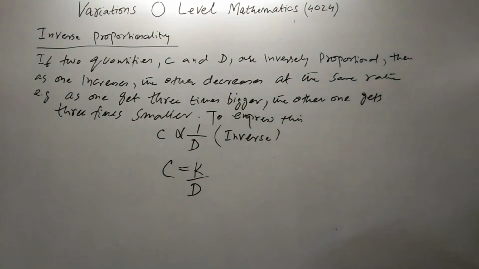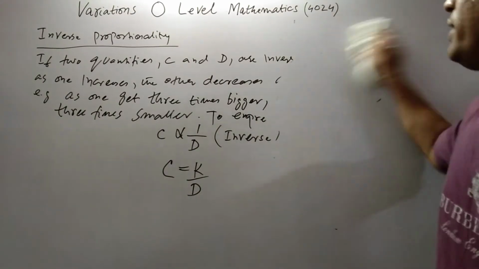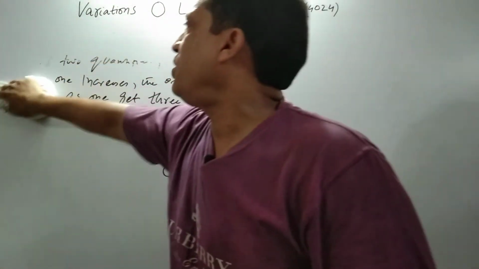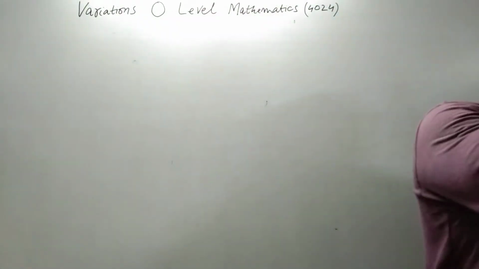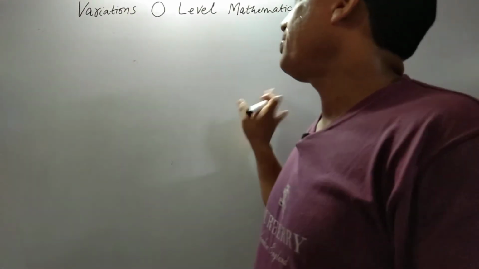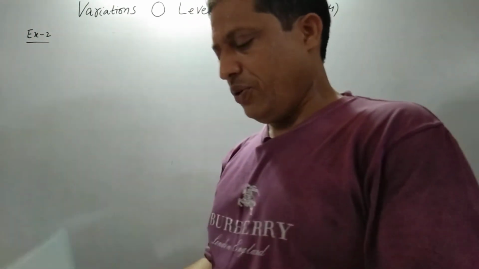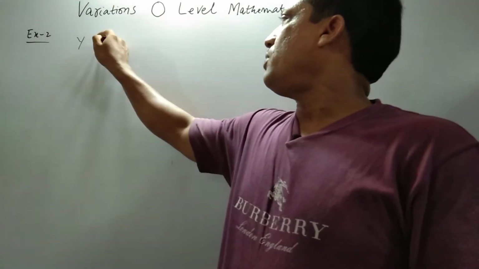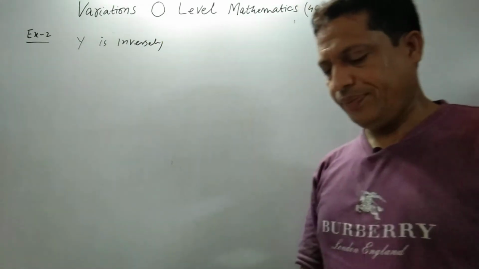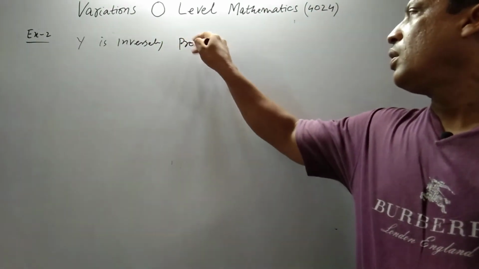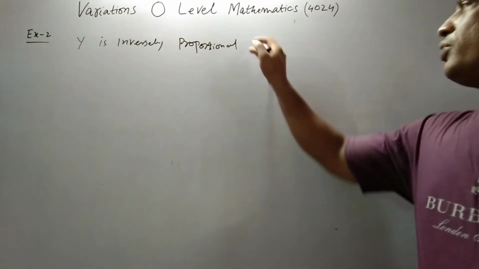Let's see one example of the inverse proportional. So I am rubbing this. I hope you understand the definition of inverse proportionality. See example number 2. Example number 2 is question: y is inversely proportional to x.